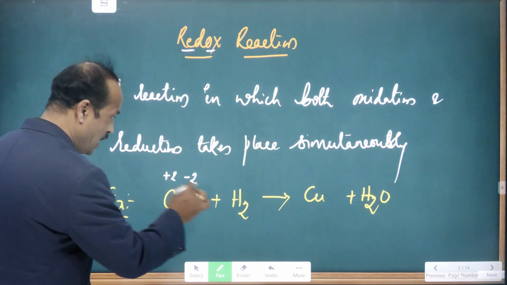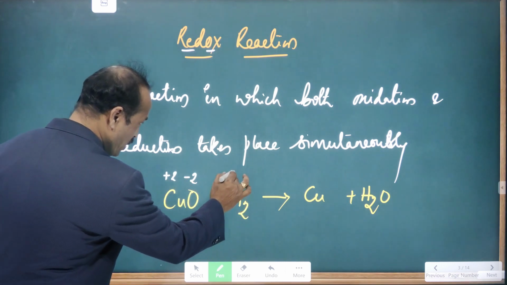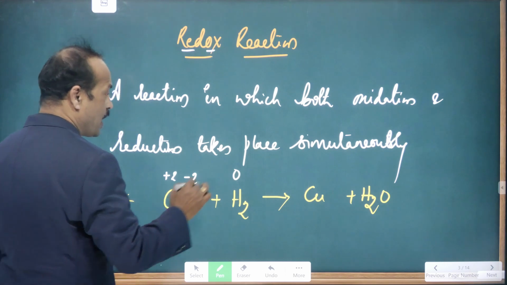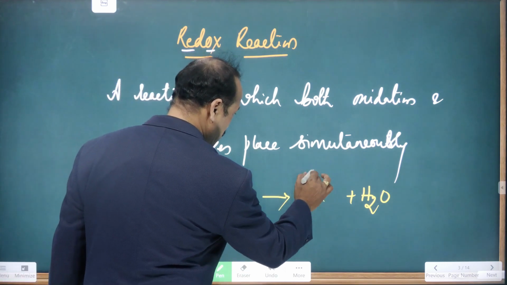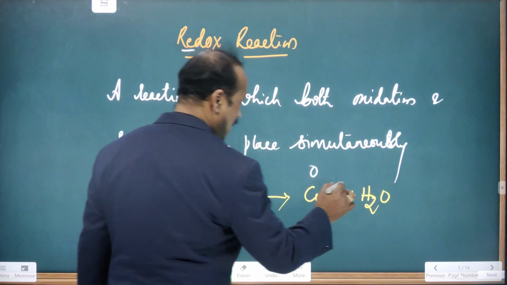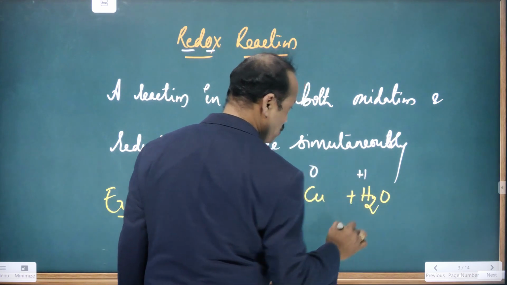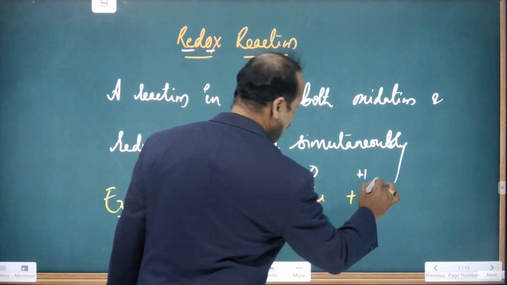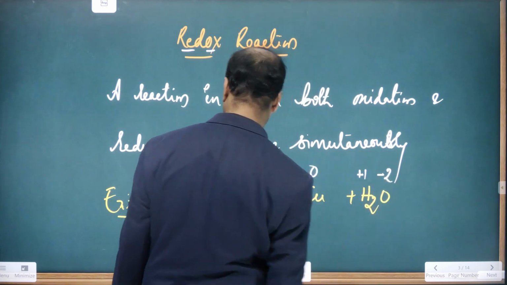This we already discussed. Now this hydrogen is individual, so it is 0. Copper here is individual, so it is 0. And here hydrogen is +1, and oxygen is -2.